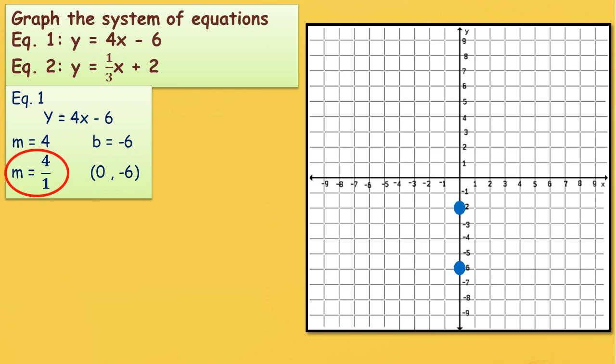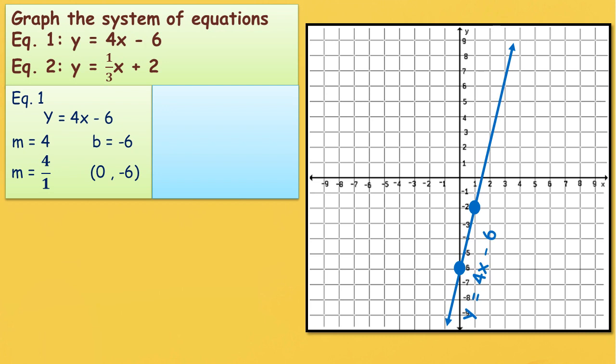And then, our denominator is our run. Positive 1. So, kung yan ay positive 1, 1 unit to the right. From this point, ito yung ating 1 unit to the right. And then, let's connect them. After connecting, don't forget to write the name of the equation. Y is equal to 4x minus 6.